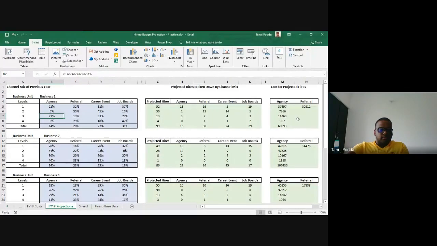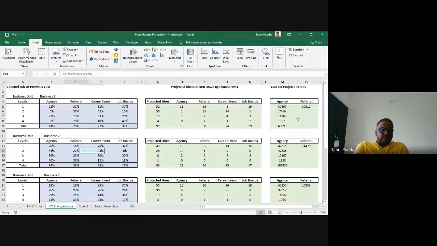We say that in business one level 3 we are using agency very much, or business one level 1, or business 2 level 2 we are using it a lot. And therefore the recruitment lead takes a call, based on the complexity of those positions, on whether they can reduce it or not.